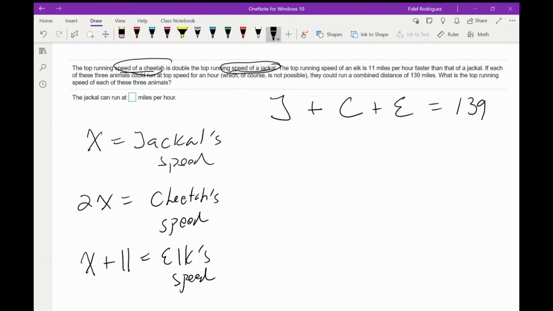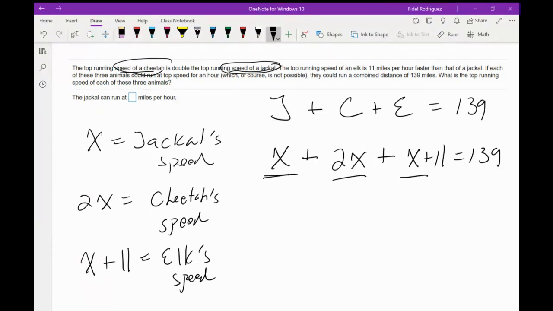Okay, so now let's go ahead and fill in those blanks. So the jackal speed is x, the cheetah speed is 2x, and the elk's is x plus 11, and that's got to add up to 139. So now, again, 3 animals, I see the letter X 3 times, right? So it's important that I see the letter X 3 times. It doesn't mean I'm going to get a 3X, but as long as the letter X occurs 3 times, okay?